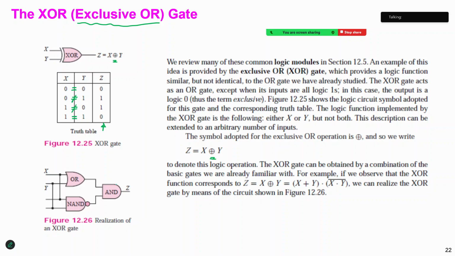If we represent exclusive OR with simple gates, this will be X, Y all together, and with the NAND gate, and then AND together again with C. So in this case, if X is 0, Y is 0, we get C is 0. X 1, Y 1, we get C 0. Like this. If both are 1, we get the output as 0. Okay, you can prove this. Okay, maybe it would be good if you try to check it out.